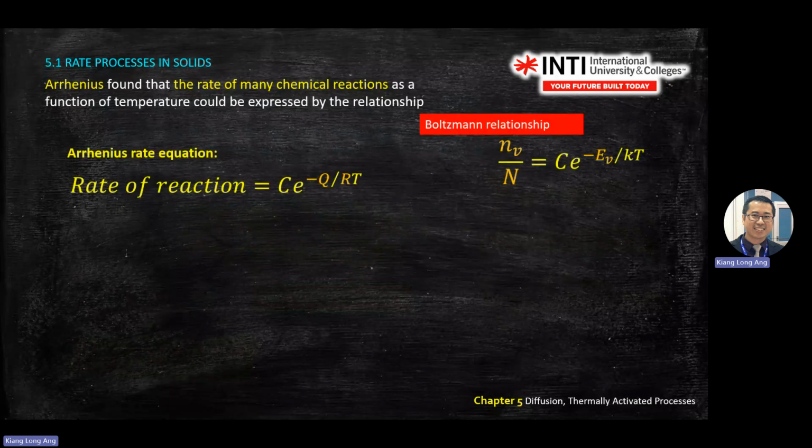Next is the rate of reaction. Rate of reaction. If you see E also, but you change the EV into Q, right? You change it to Q divided by RT. We call it the Arrhenius rate equation. Right? Arrhenius rate equation.